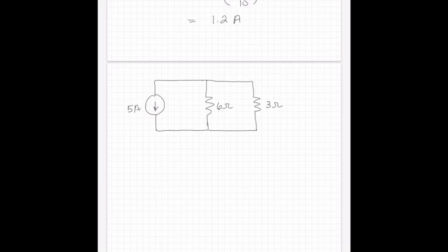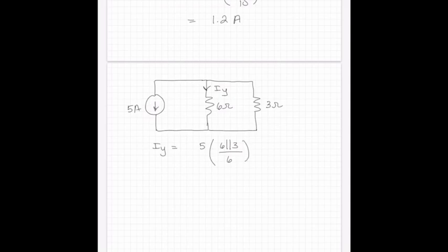And we're going to solve for this current here, IY. Okay, and IY is going to be the total source current available to us, 5, multiplied by the parallel combination of the resistors in the parallel string, and we divide it by the resistor we want to know about.